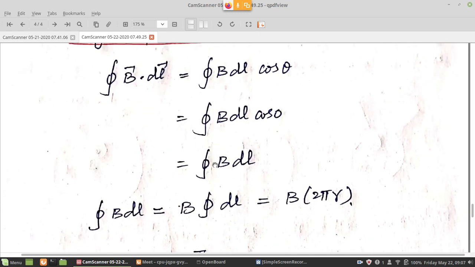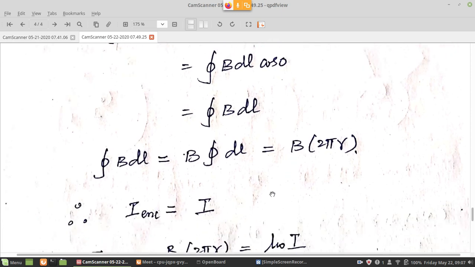If I integrate dl around a circular loop by taking a small element, I am going to get the circumference of the circle. So integral dl here is going to be 2 pi r, because if r is the radius of the circle, the circumference is 2 pi r. So B into 2 pi r is the left side. Right side, what will be there? Mu naught I enclosed.